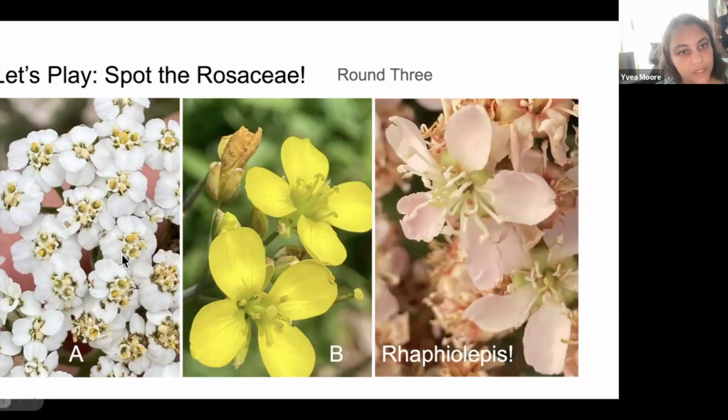And I do apologize. I know that this one was tricky. But our Raphiolepis, what tells us that this one is our Rosaceae? As Rachel said, vibes. Yeah. I think that the 5 petals that all are kind of separated by a gap makes me think a lot of the toyon, which also has a gap between the petals.